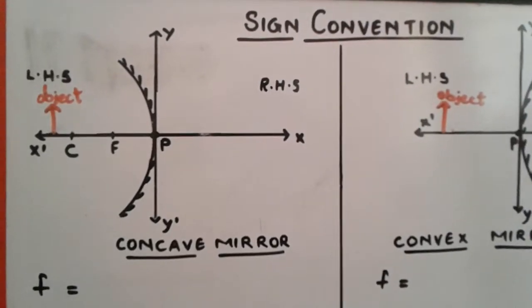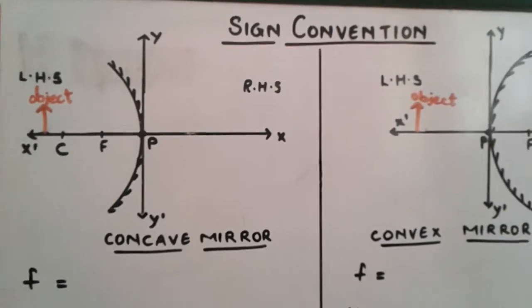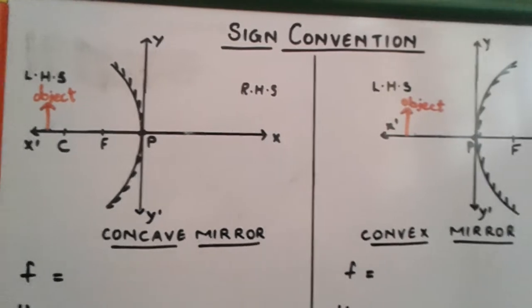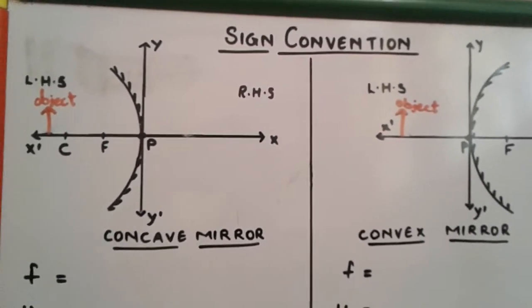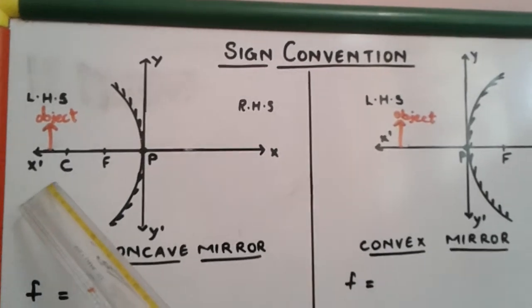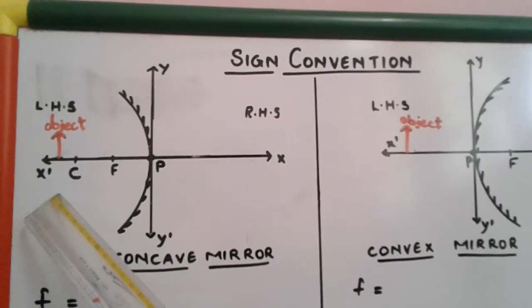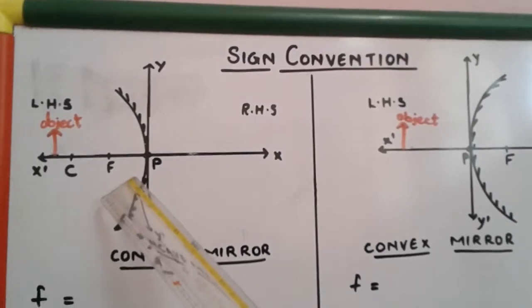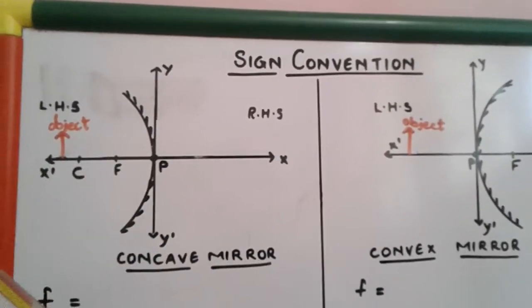So now you can see that the object is drawn on the left hand side. It does not matter what the position of the object is. Here it has been placed beyond the center of curvature, but it does not matter whether the object is placed at C, between C and F, between F and P, or beyond C at infinity.